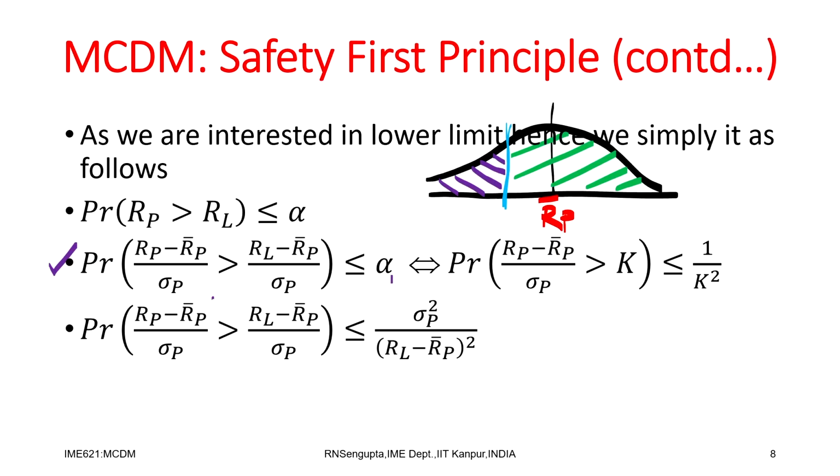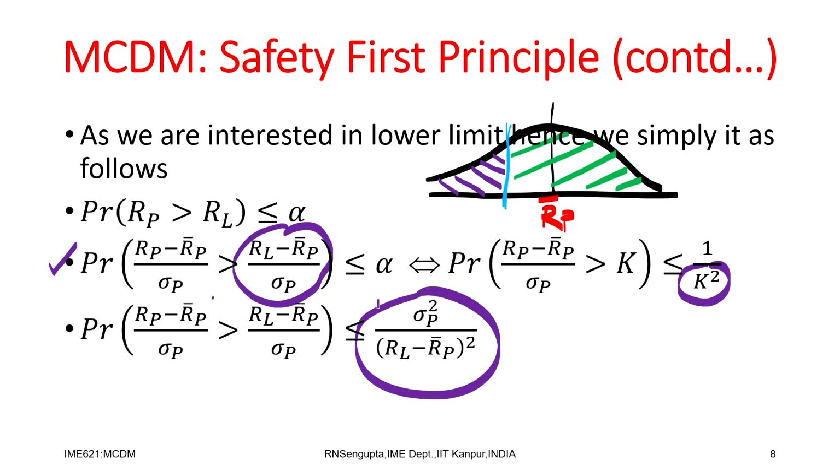So, if this is equal to alpha, then according to Chebyshev's inequality, if I want to draw a simile, this value can be considered as k, and if I want to find the one-to-one correspondence, the k square value becomes this, because it is greater than some constant k or t.